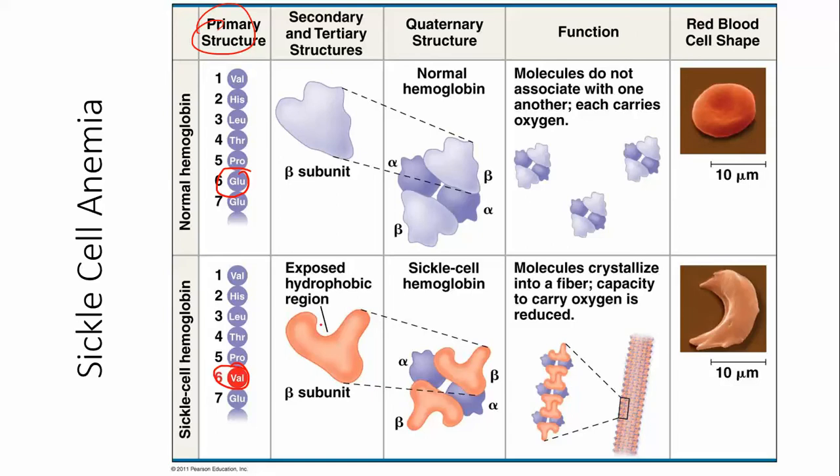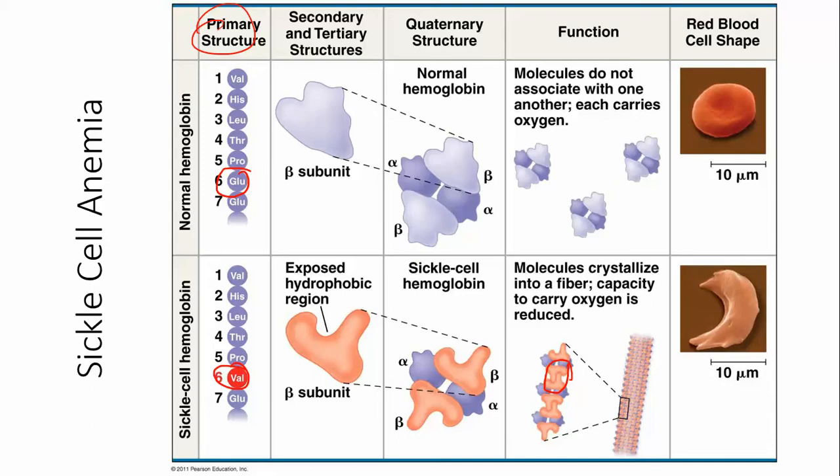Basically, it's got this hydrophobic region then exposed to the surrounding fluid. Remember, hydrophobic areas on any molecules are going to be rejected and kind of clump up, which ends up causing these beta subunits to join their hydrophobic regions so that they're not exposed to water. Water excludes them.